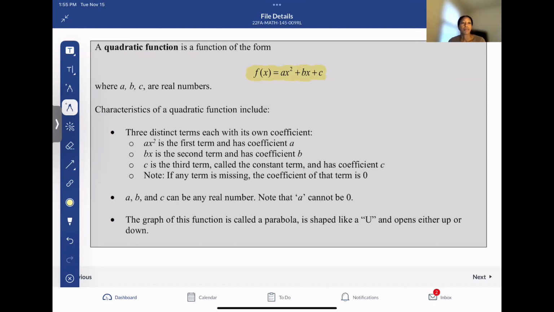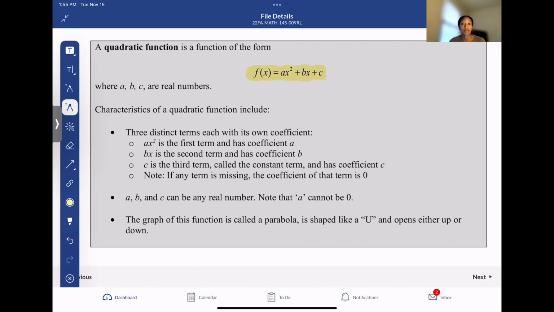Quadratic functions have 3 parts, 3 terms. There's the x squared term. In order to be quadratic, we have to have that ax squared term. A is the coefficient of the x squared term. We need to be able to identify those coefficients, a, b, and c. The second term is bx, that's the linear term, and b is the coefficient there.